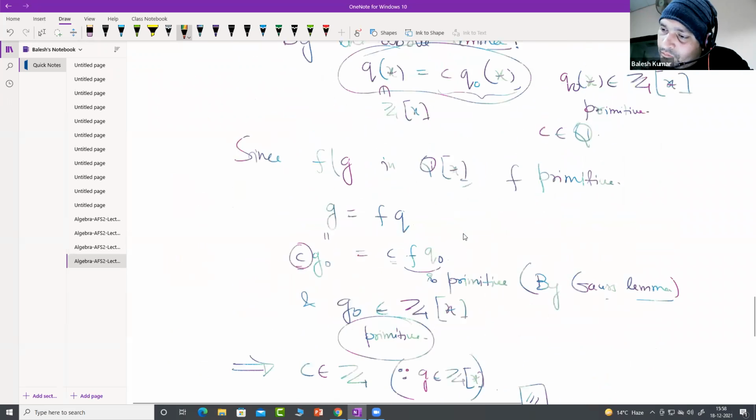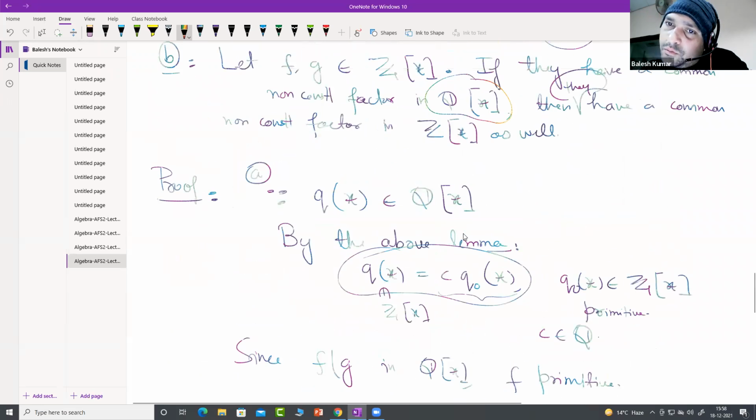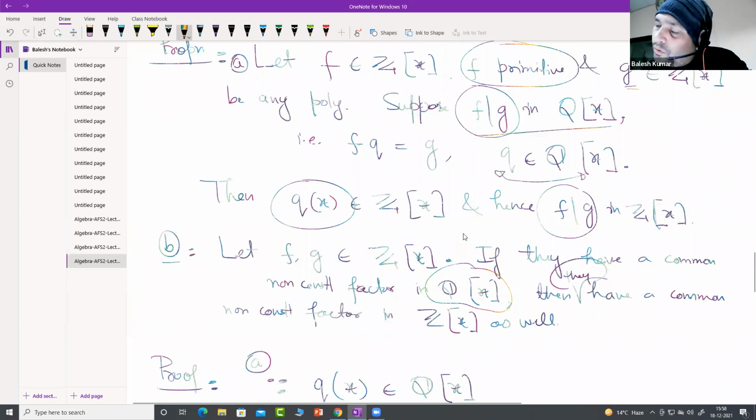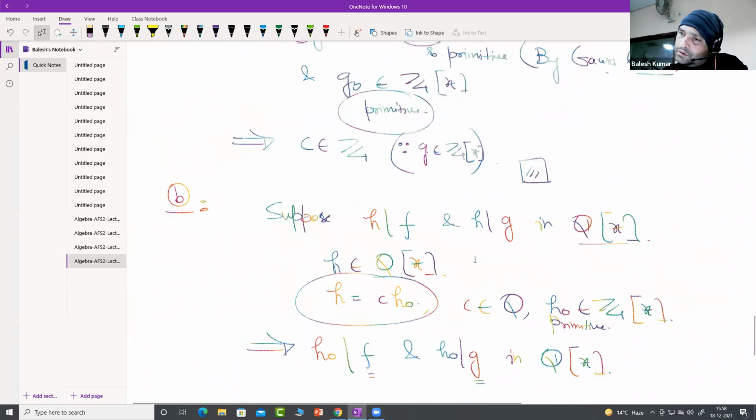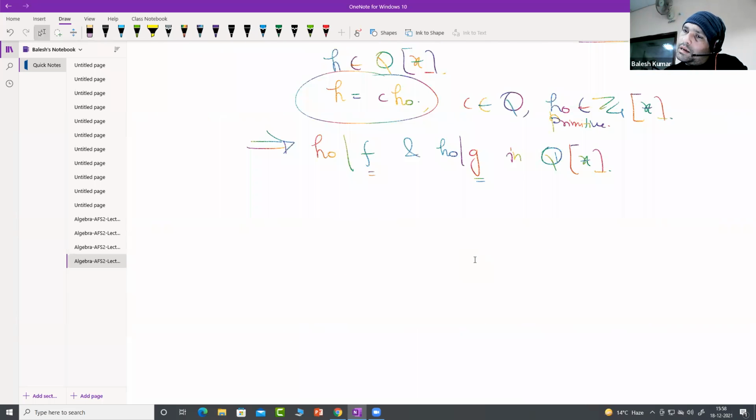So the hypothesis of part A of the proposition is true.